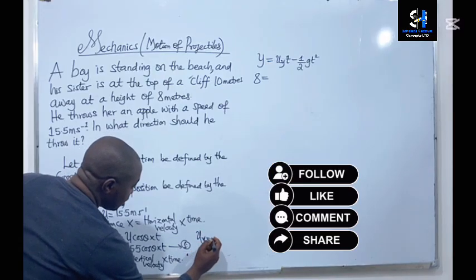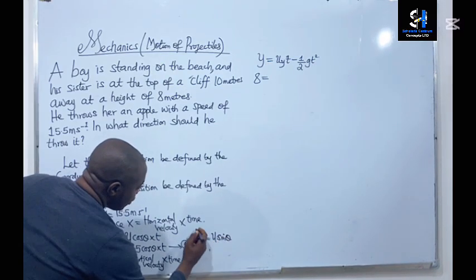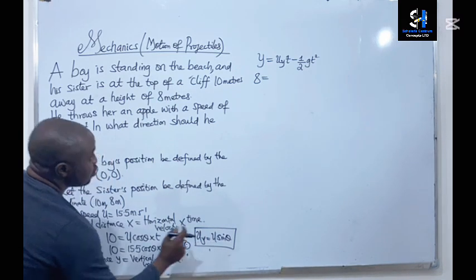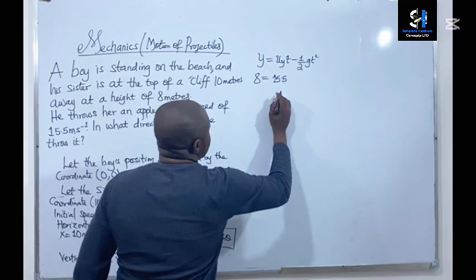We know u_y to be u sine theta, where u is 15.5.